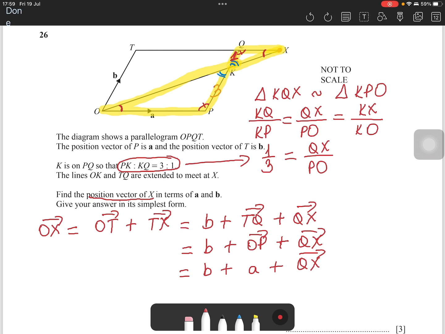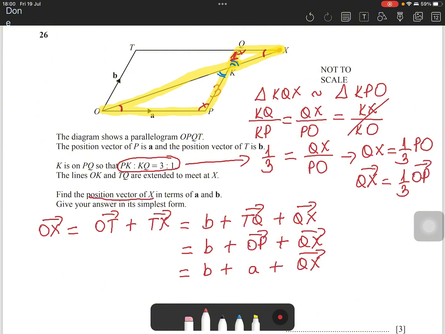This is what we want to find, so we can skip the third ratio. And from this, we know that QX is equal to 1/3 of PO. So the vector QX is actually 1/3 of the vector OP. Remember, vector OP, not PO, because PX is in this direction, so OP is in the same direction.